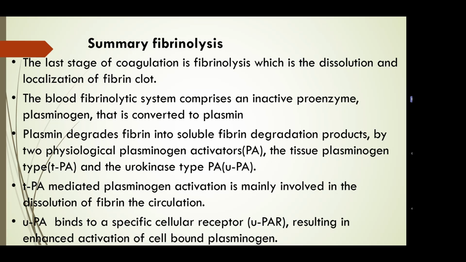Plasmin degrades fibrin into soluble fibrin degradation products by two physiological plasminogen activators, the tissue plasminogen activator and the urokinase type plasminogen activator. The tissue plasminogen activator mediated activation is mainly involved in the dissolution of fibrin in the circulation. The urokinase plasminogen activator binds to a specific cellular receptor, resulting in enhanced activation of cell-bound plasminogen.